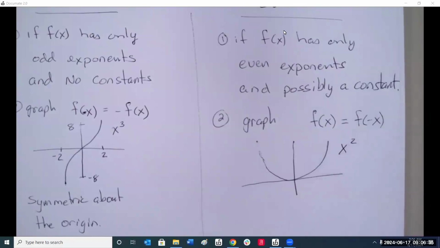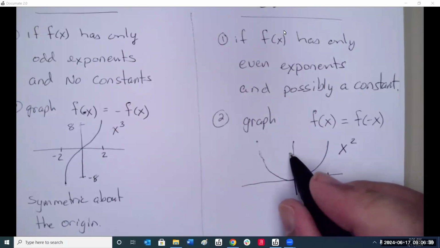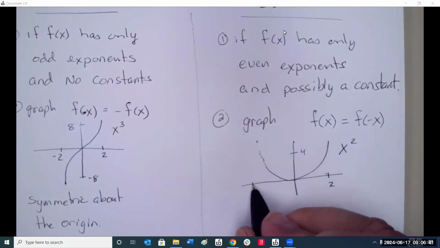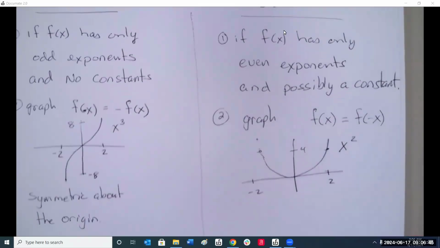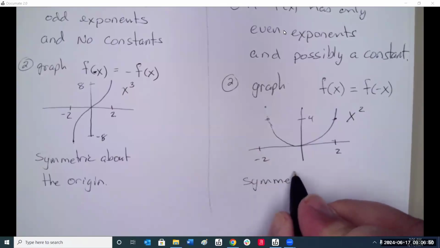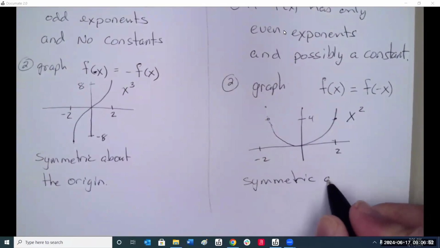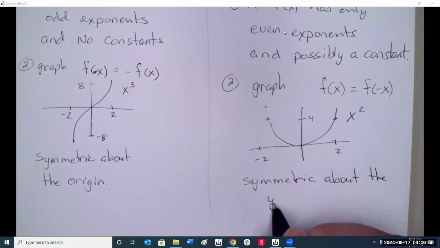This is an x squared function. If x is 2, y is 4. If x is negative 2, y is also 4. So it's symmetric about the y-axis.